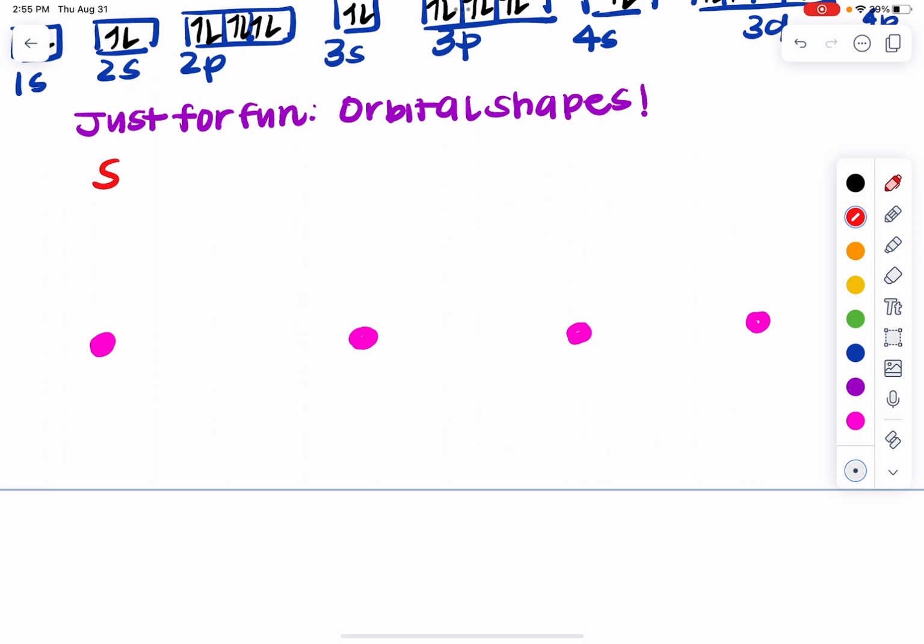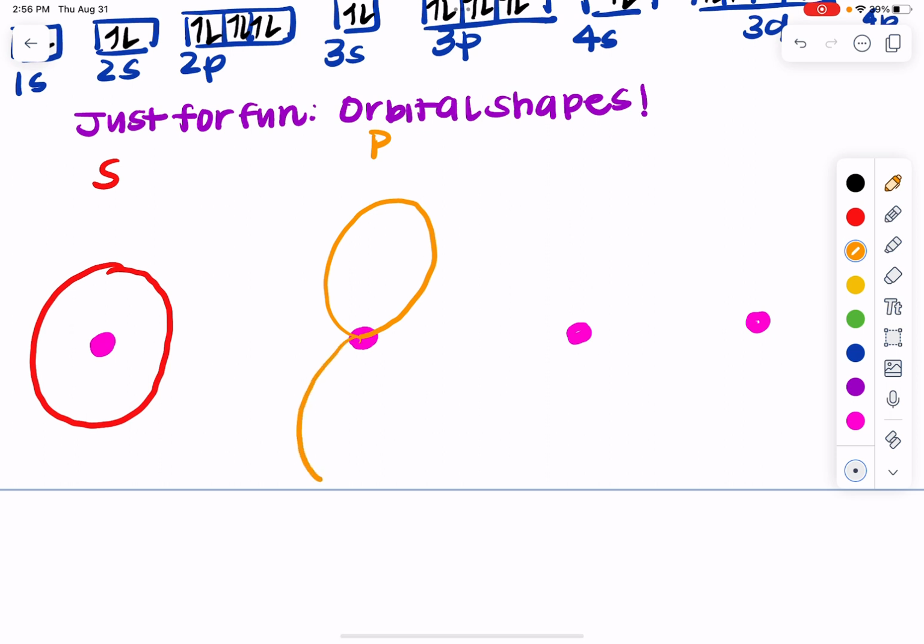We have the s orbital, which just looks like a ring around the nucleus. So when the electron's orbiting in the s orbital, it's just going in a circle around the nucleus. For the p orbital, if there's an electron in the p orbital, it also has an s orbital, but the p orbital is kind of shaped like an infinity sign.